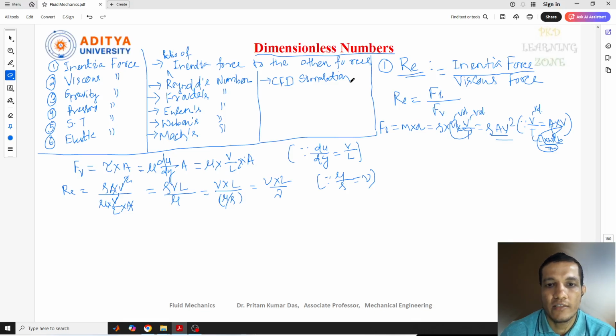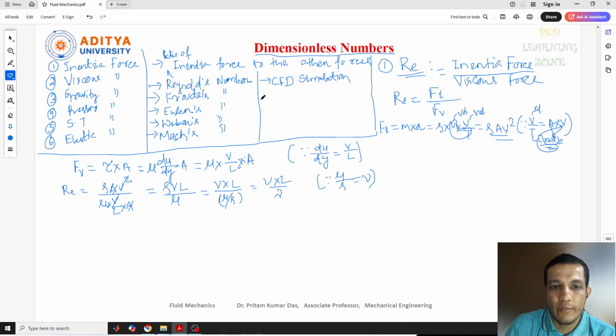To check all these things, we need to apply them in the simulation. Different kinds of flow regimes will be there, and which model or which equations need to be selected for the simulation, we need the help of these dimensionless numbers.